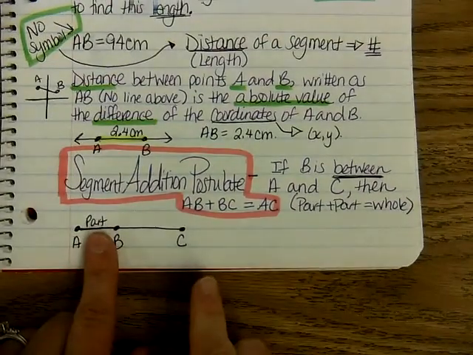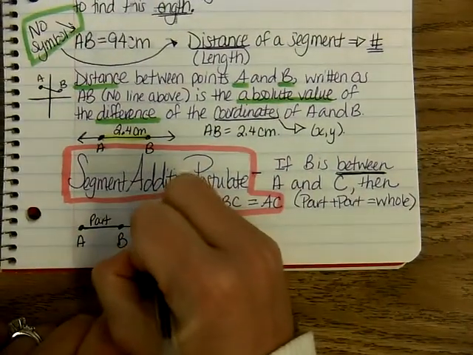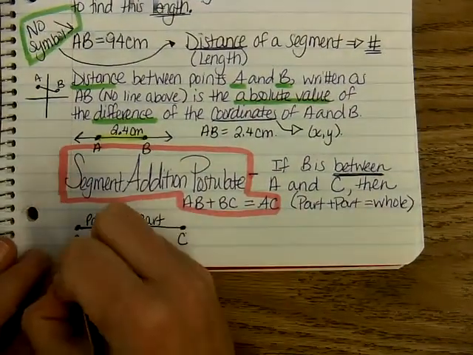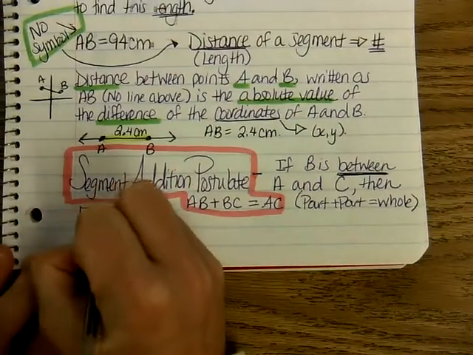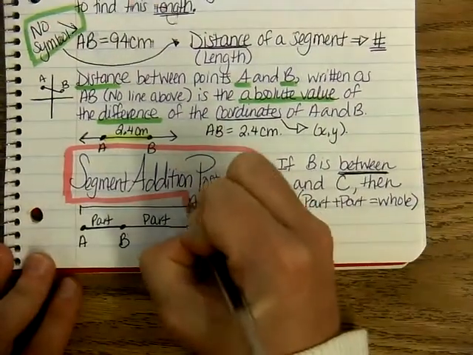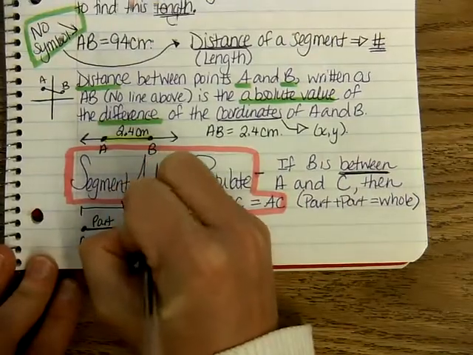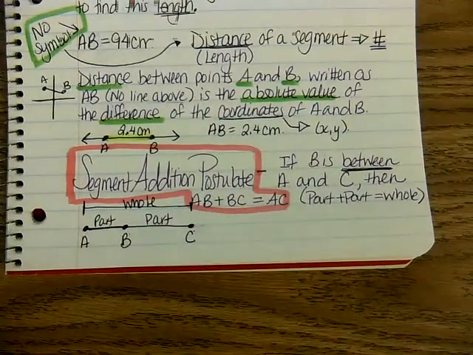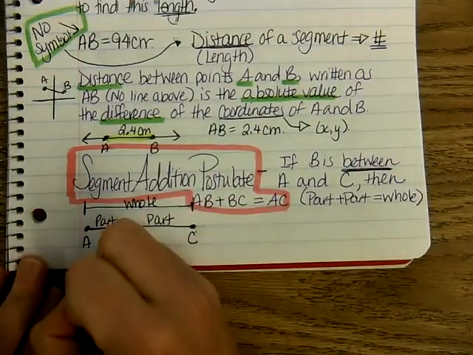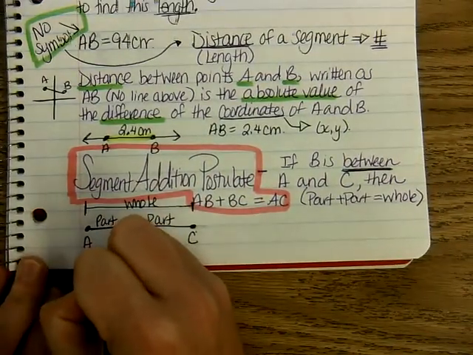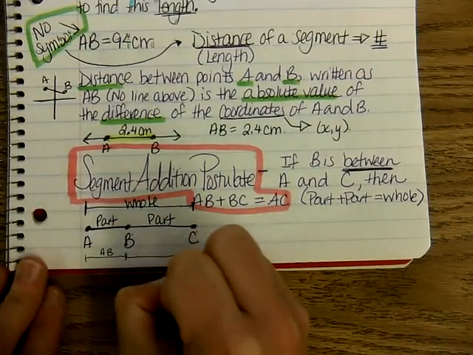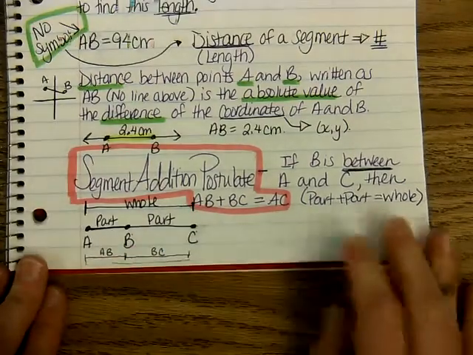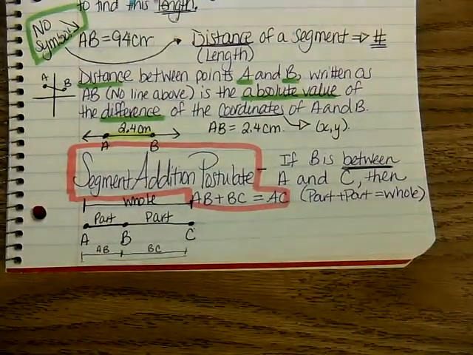So this part and this part, when added together, BC, would together connect to equal the whole length of the segment. Part plus part equals whole. So this length is AB, this length is BC, and together the whole thing equals AC. Part plus part equals whole.